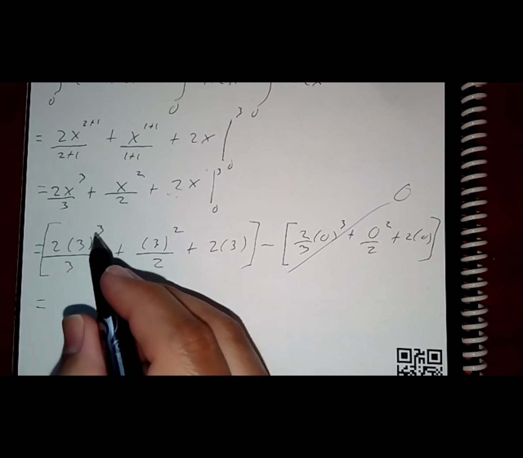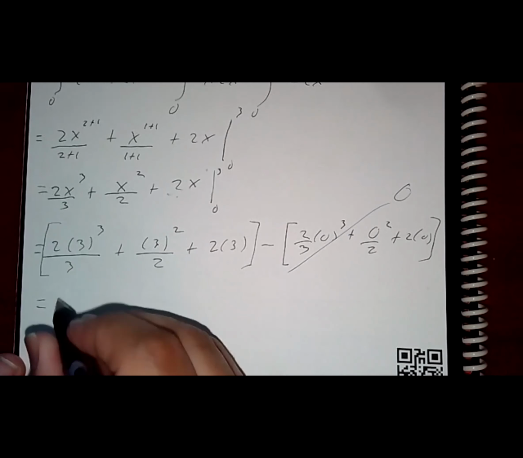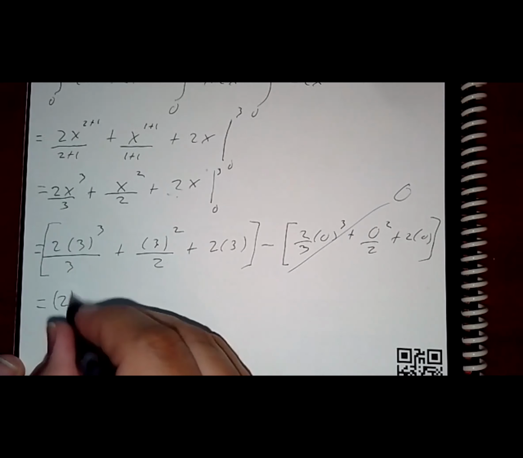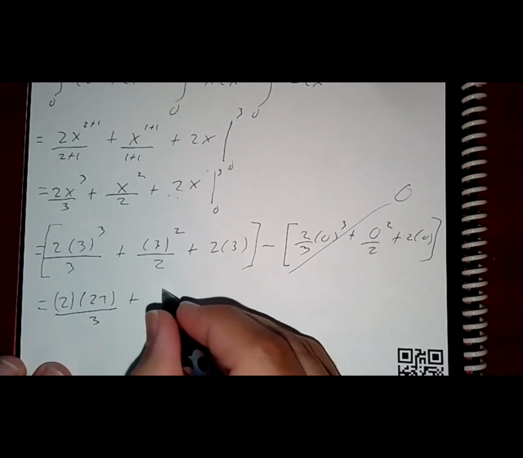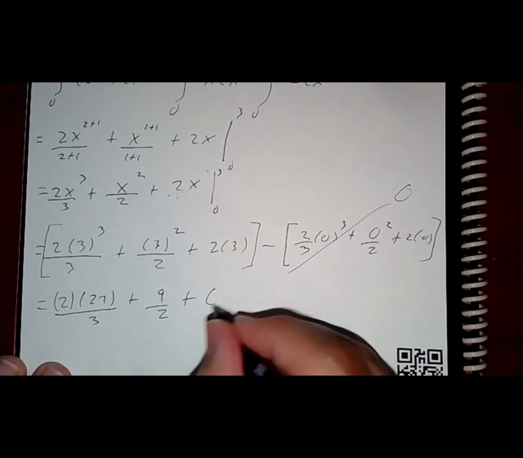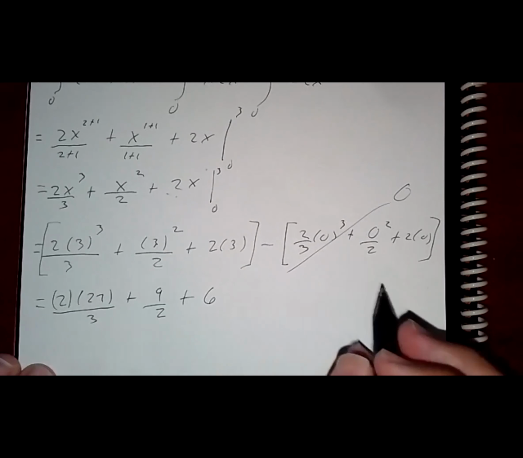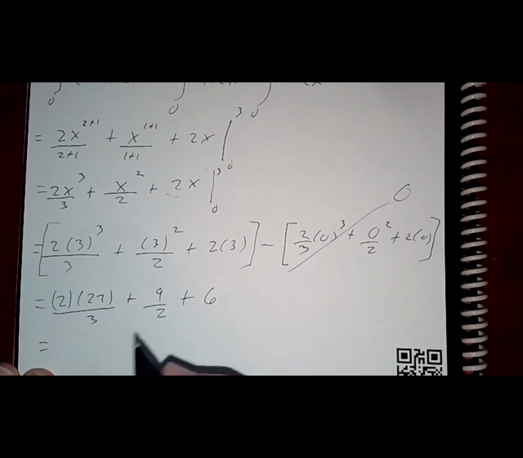3 cubed, that's what, 27? 27 divided by 3 is 9. Times 2 is 18.